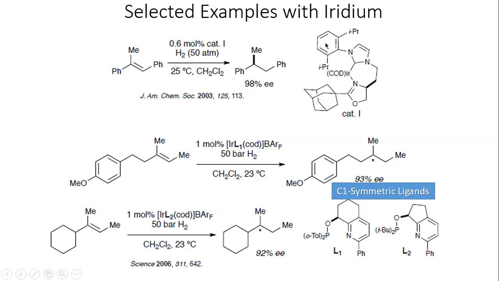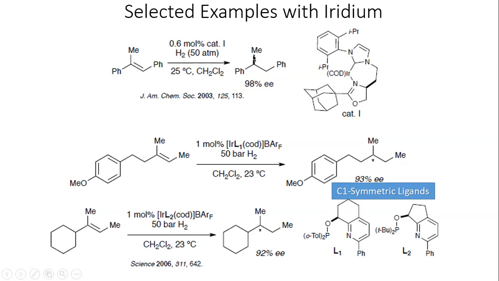So this is sterically very bulky. In theory, the more bulky the substituents are, the higher the enantiomer selectivity should be. That's not always the case, but in theory, that's what it should be, right?